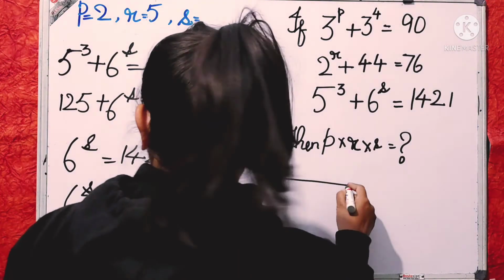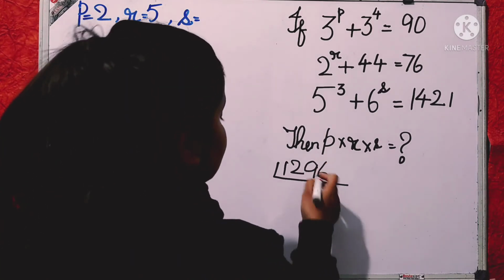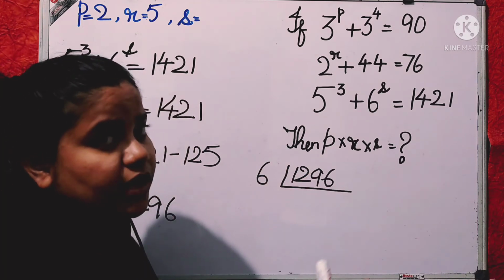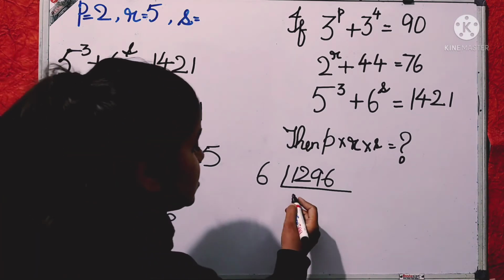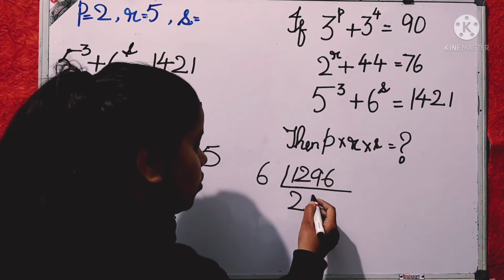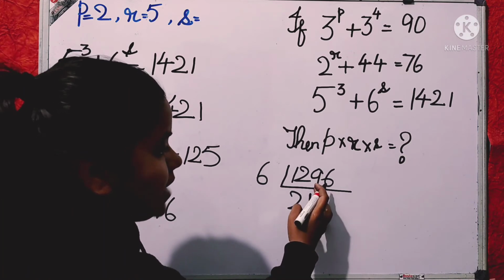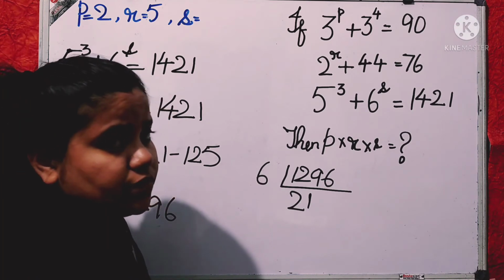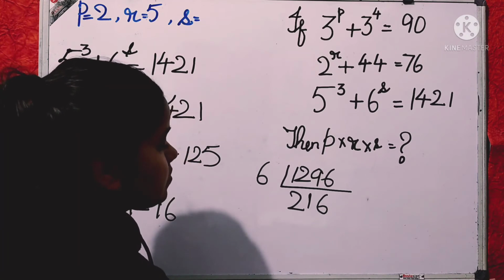So this would be 1296. 6 into 12: we get 12 in the multiple of 6 two times, so 6 2s are 12. Then this is 9. So this would become 6 one time is 6, 9 minus 6 is 3. So that would be 36. And when do we get 36 in the table of 6? 6 times.